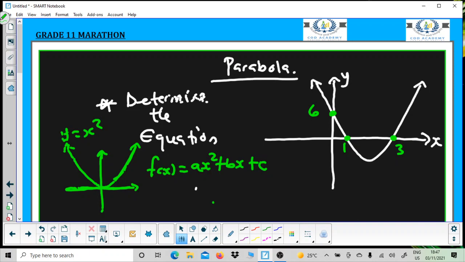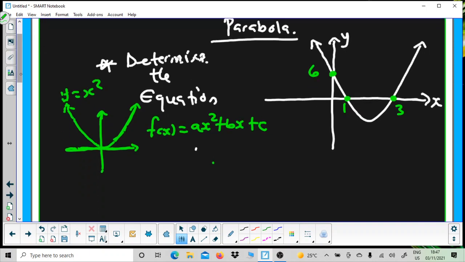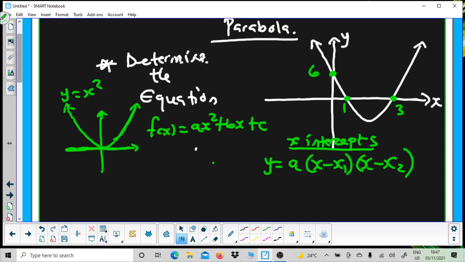So what I said was, in this situation, because you are given x-intercepts, you use what we were calling the x-intercept method. Remember it was like this: y equals a times (x minus x1) times (x minus x2), where x1 and x2 are the given x-intercepts.